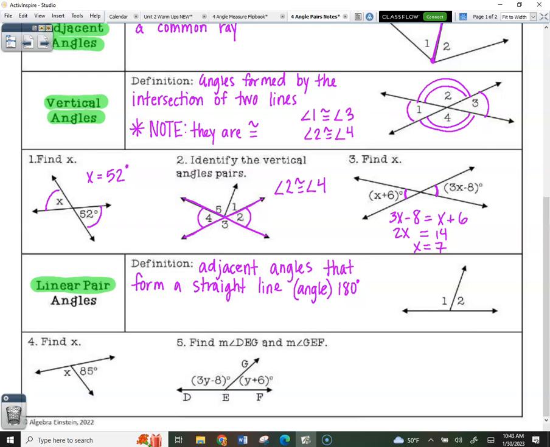All right, so angle 1 plus angle 2 has to equal 180 degrees here. That's the relationship. Okay?